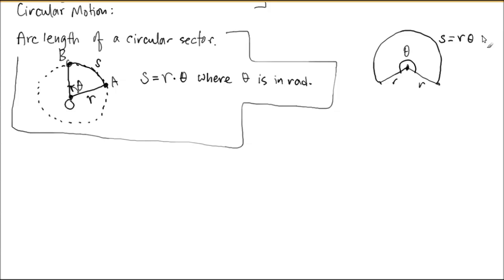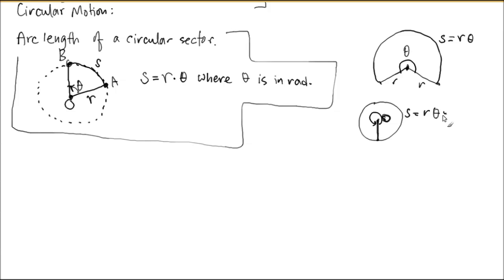Another extreme case would be starting here and ending there, a full complete circle. So the arc length here, with center O, would still be r theta. And theta here is one complete revolution. What is theta for one complete revolution? 2 pi radian, right?